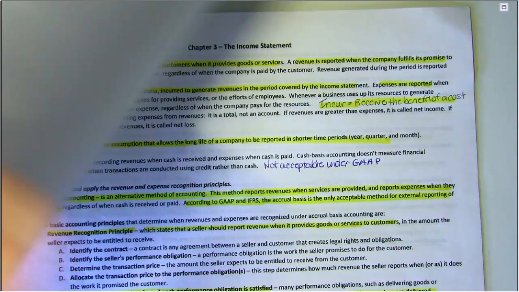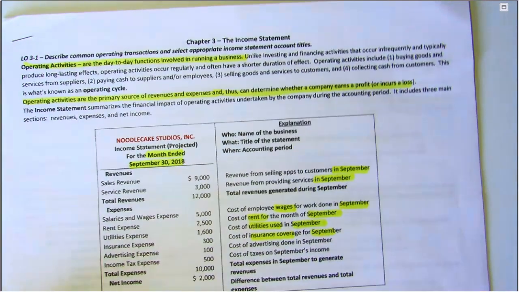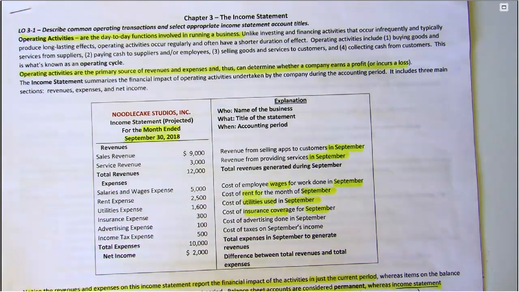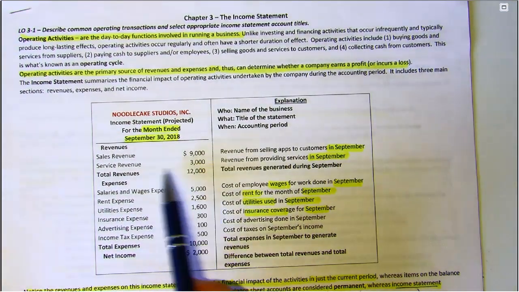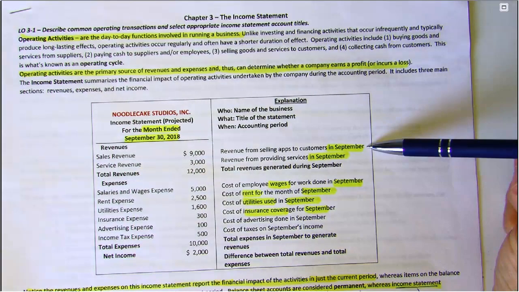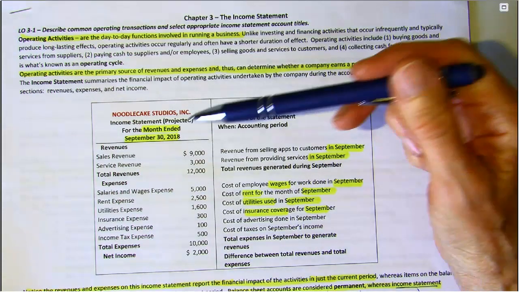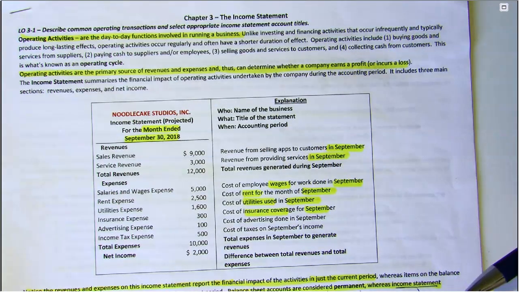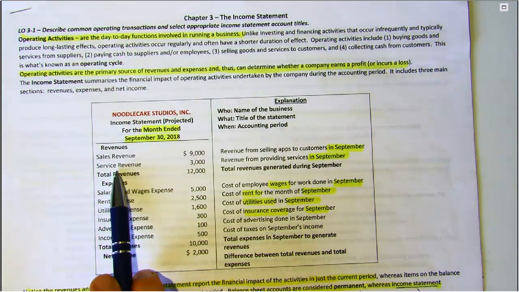So let's go back. On page 1, the revenues that we see listed here for sales and services reflect amounts earned just for the month of September. We use the term sales revenue when we sell products or goods. We use the term service revenue when we earn money by providing services.